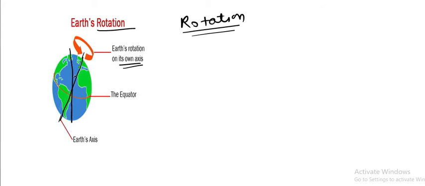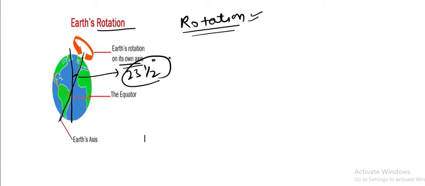The axis of the earth is not vertical, but is tilted by 23.5 degrees. So when we measure this angle, it is about 23.5 degree, right? This movement on this axis is called rotation.